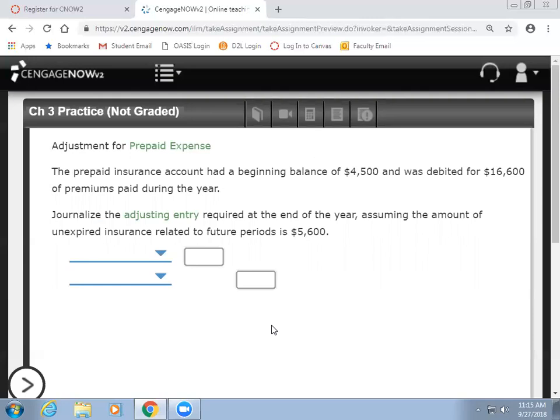The prepaid insurance account has a beginning balance of $4,500 and was debited for $16,600 of premiums paid during the year. Okay, so let's look at that first. What type of account is prepaid insurance? Asset. Good. So prepaid insurance is an asset.